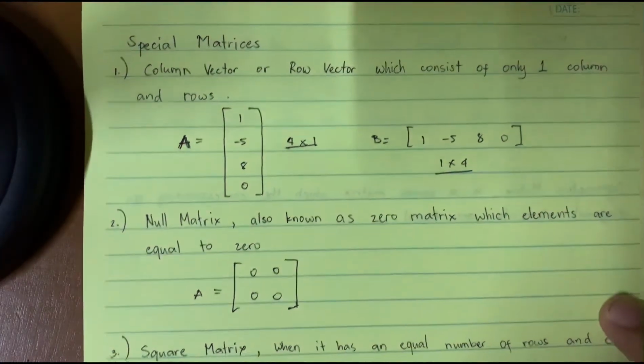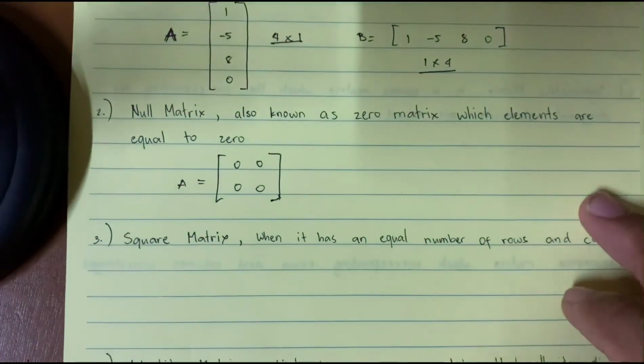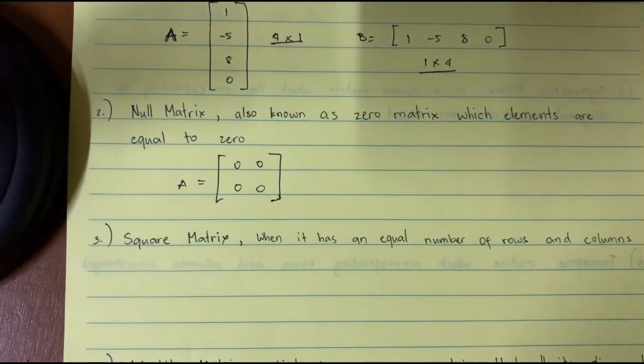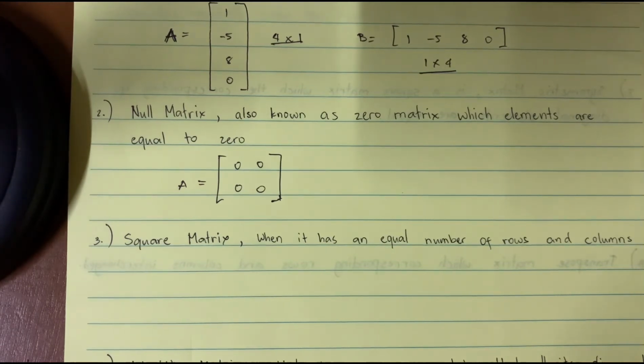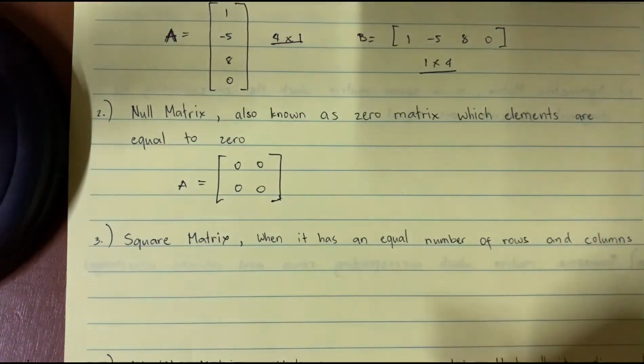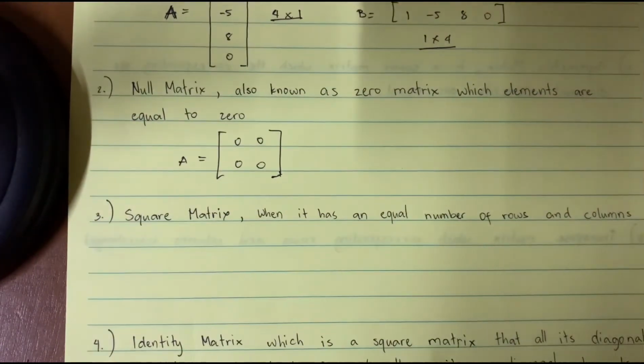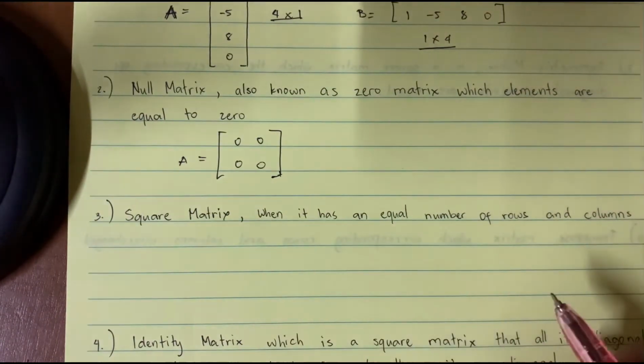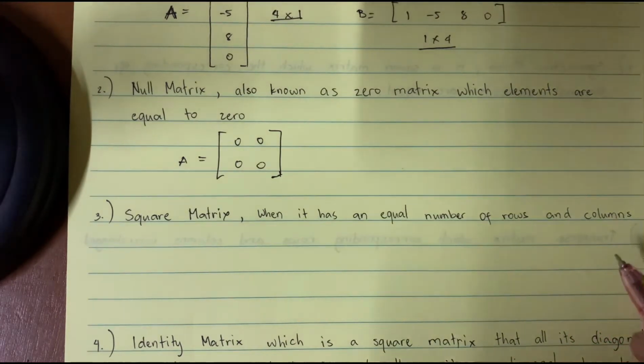Number 2, null matrix, also known as zero matrix, in which all elements are equal to 0. Number 3, square matrix, when it has an equal number of rows and columns.